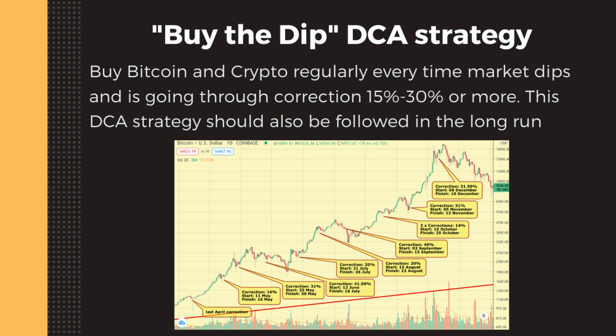As just shown on this chart below, we can see how many corrections Bitcoin has gone through. And as soon as you see the next correction, you can just invest into it. So you are getting a good deal and buying it at lower prices before it goes up.